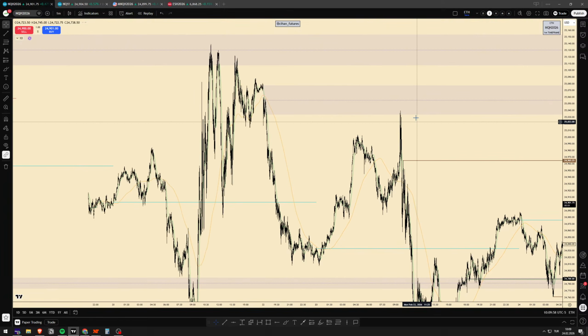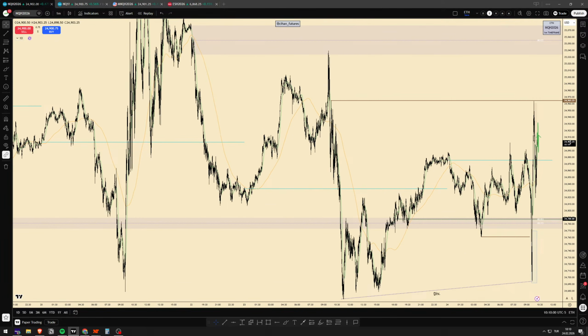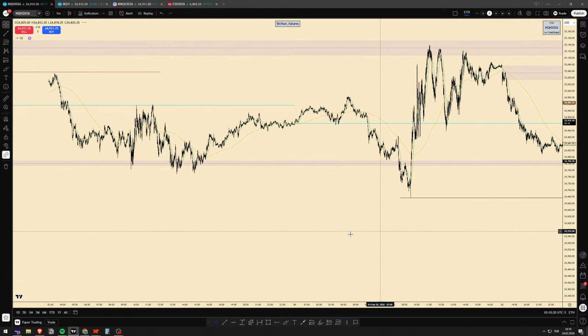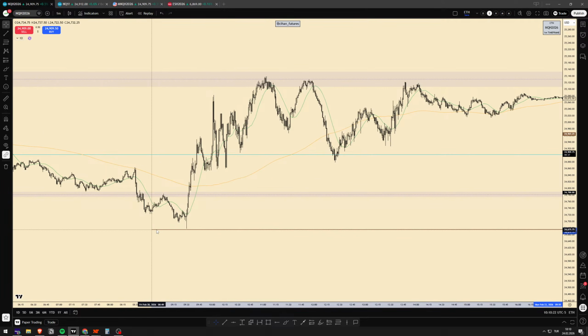This is the current week's opening gap. Price tapped the current week opening gap and went back lower, swept the Friday low, not Friday high. This is the Friday low level. Let me zoom in. Okay.